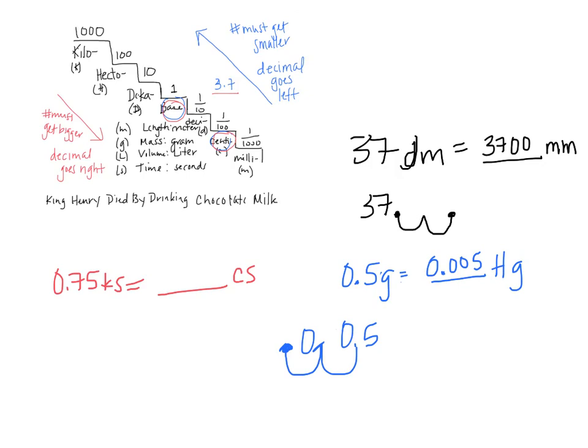Okay, so we are going from kilo, so up here, down to centi. So we're going 1, 2, 3, 4, 5 steps, and since we're going down, the decimal goes to the right. Alright, 1, 2, 3, 4, 5, that makes 75,000 centiseconds. Okay?